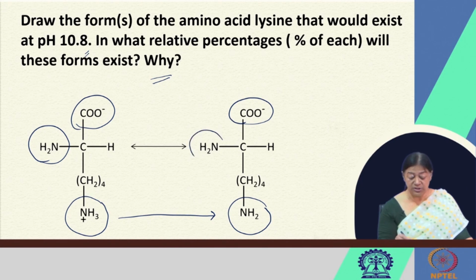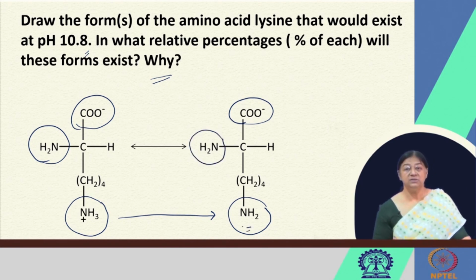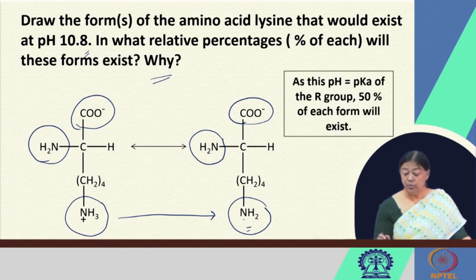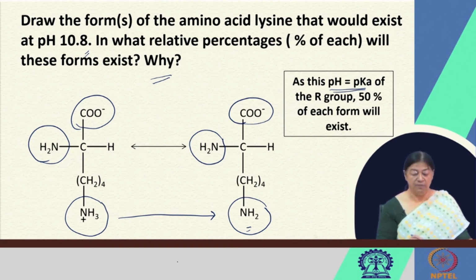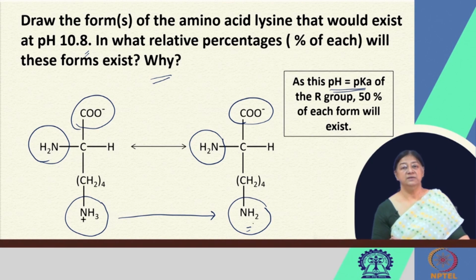We have also lost this proton. At 10.8, we are losing this proton that is associated with the side chain of the amino acid lysine. Given the Henderson-Hasselbalch equation, we have a pH equal to the pK of the R group. If this pH is equal to the pK of the R group, we have an equal amount of the protonated and the deprotonated forms.